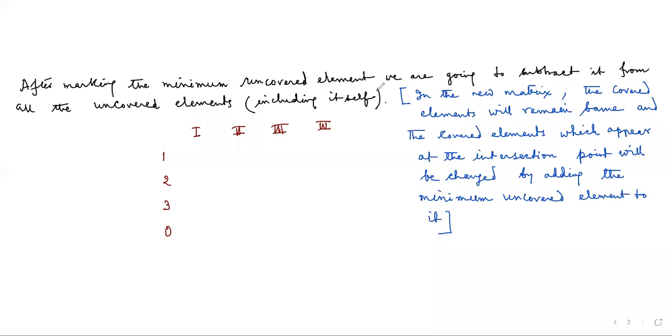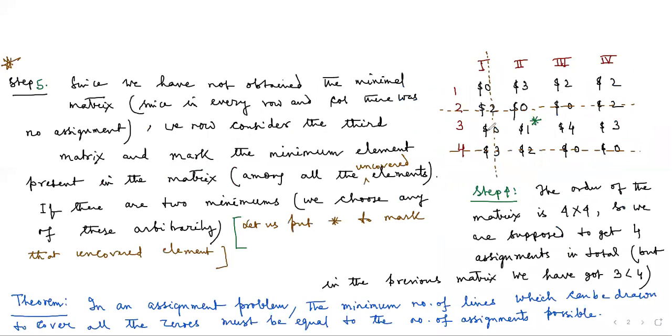Many things have been written, so let me explain what it is saying. Now you see in this matrix, these are the covered elements which have been marked by the hypothetical straight lines. Among these, there are certain elements, such as this and this, which are covered but appear at the intersection point. These covered elements are not appearing at the intersection points.